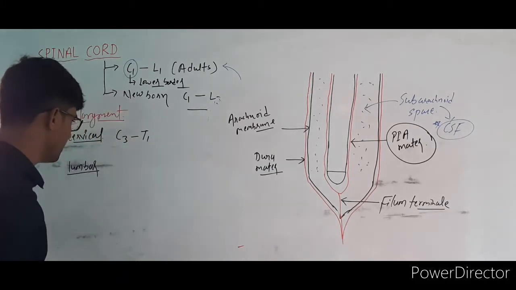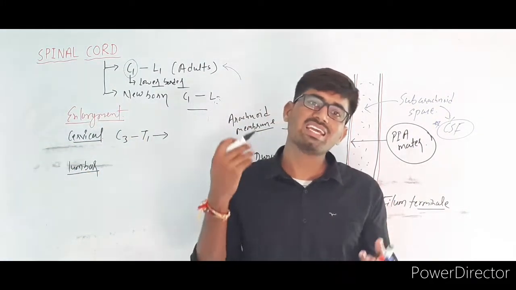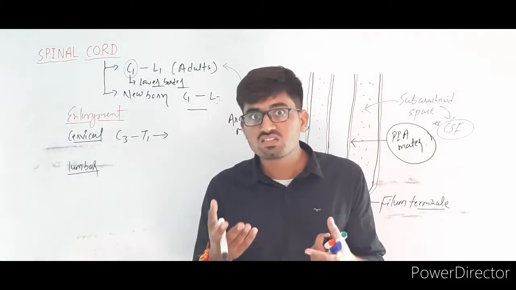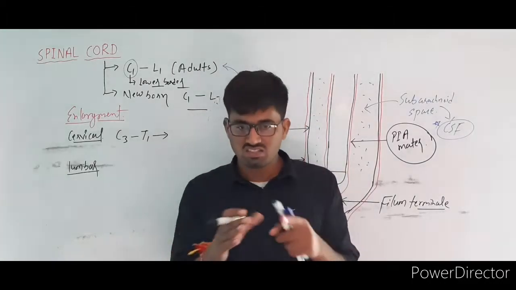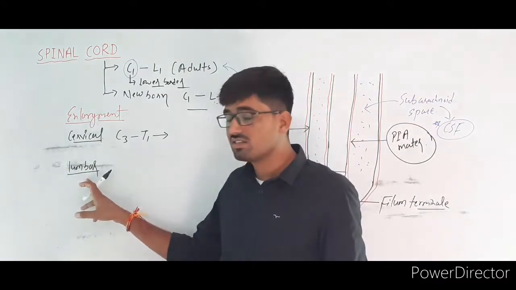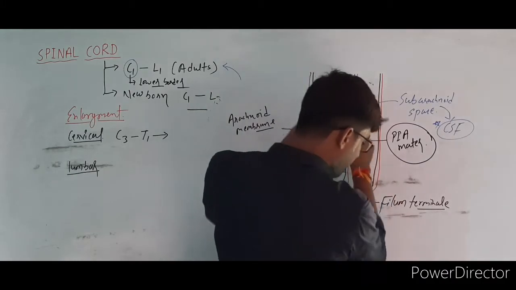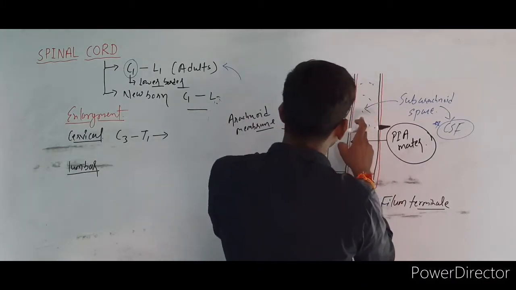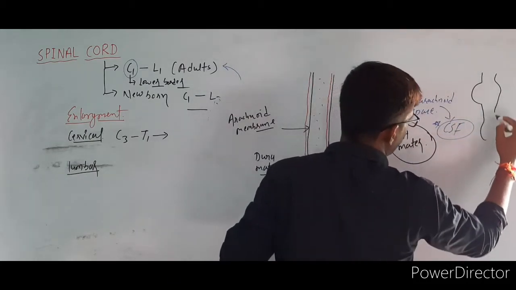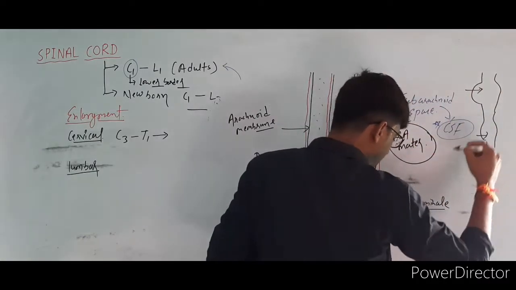Why does the spinal cord get enlarged? Because in the cervical region we know there is the brachial plexus. To give the brachial plexus, it gets enlarged. And in the lumbar region, it gives the lumbar plexus, right? So two times it gets enlarged, one in the cervical part and one in the lumbar part.